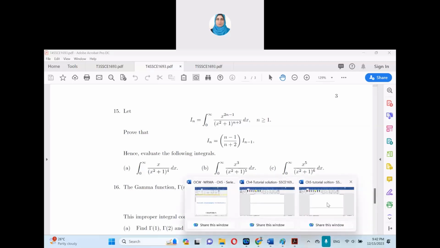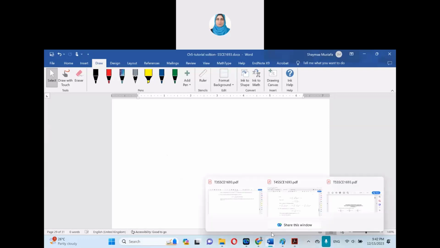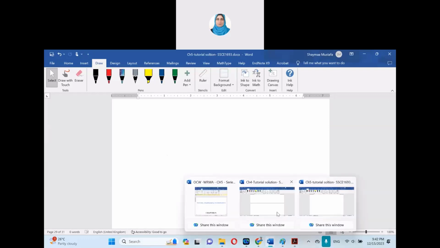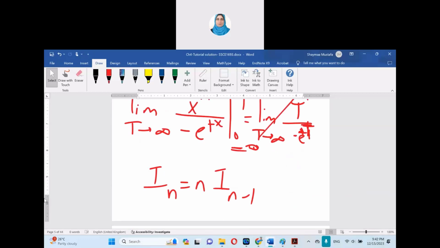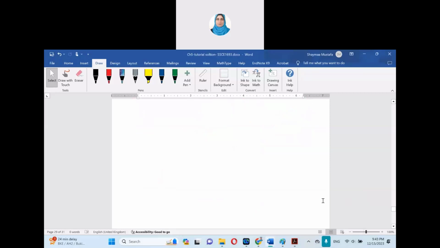I will write the solution on the same file, then I will send you the whole file with the solution. Okay, let me save the file first. Okay, I already saved.